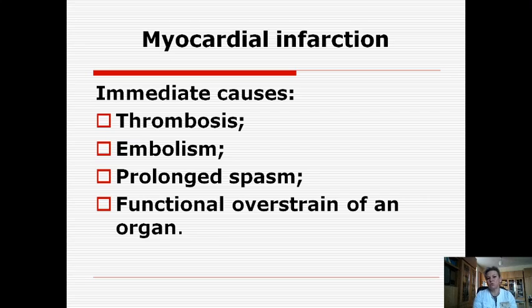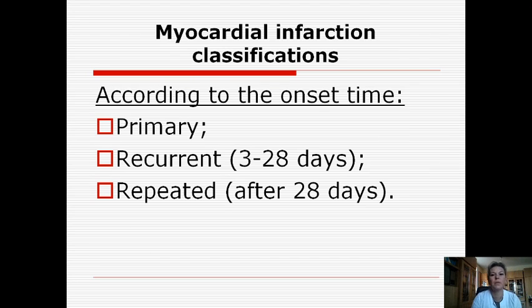What is the immediate cause of myocardial infarction? Thrombosis, embolism, prolonged spasm, atherosclerotic plaque, and functional overstrain of the organ in the hypertrophic heart, for example. There are many classifications of myocardial infarction.